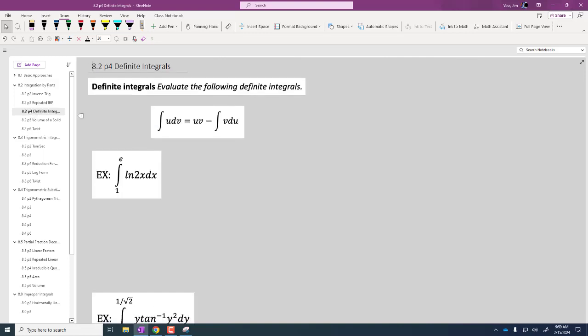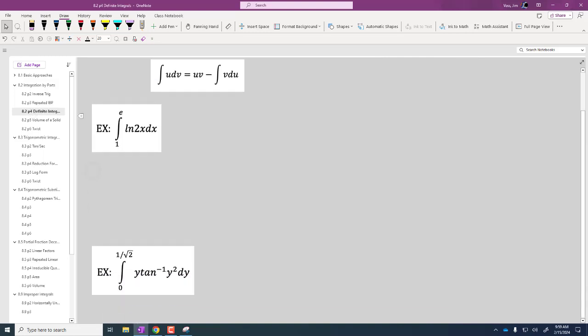Let's try one with limits of integration, so a definite integral. Yay, baby. And again, we have a natural log here. So first off, let's just set up our generic setup, dv and u. And this is not a traditional integration by parts because we only have one factor.